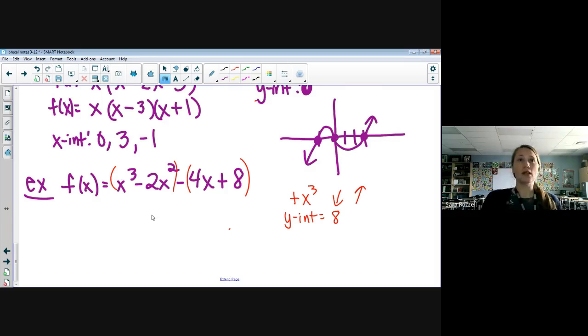Okay? So now it's time to group. The thing in common with the first 2 terms is x squared. When we pull out x squared, we've got x minus 2 remaining. The thing in common with the second 2 is -4. When we pull out -4, you've got x minus 2 remaining.